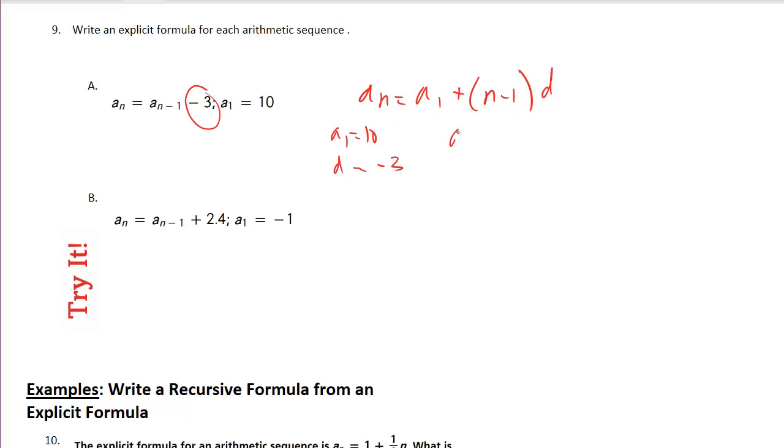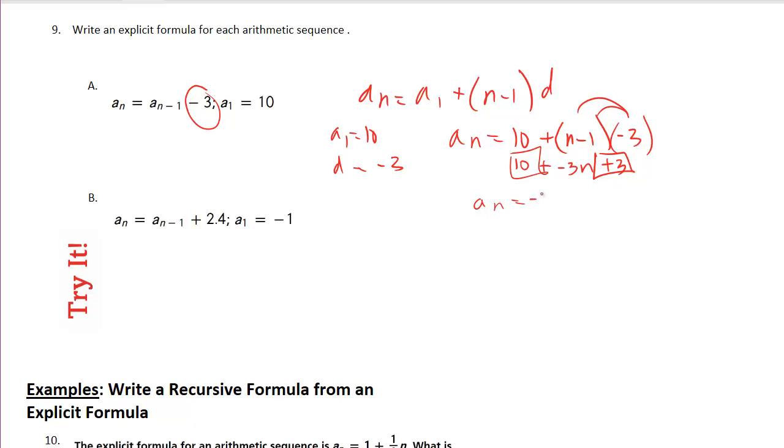So then we'll go ahead and sub in. a sub n is equal to first term plus n minus 1 times d. Distribute. Combine like terms. And I've got negative 3n plus 13.